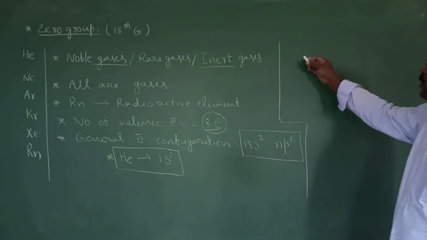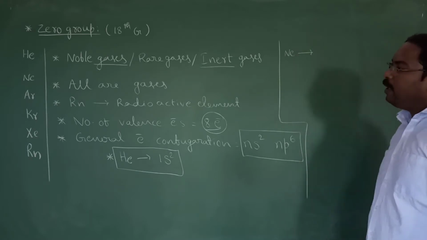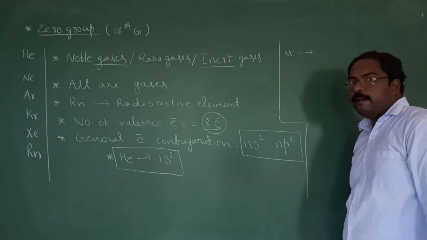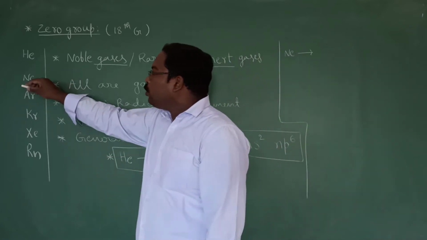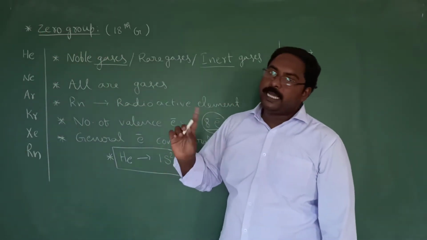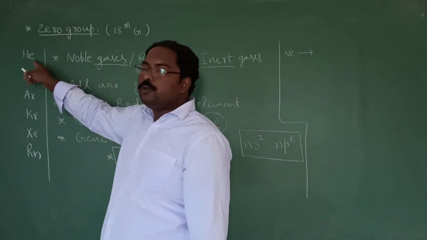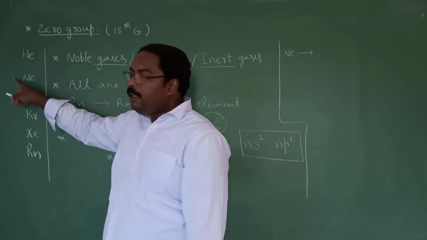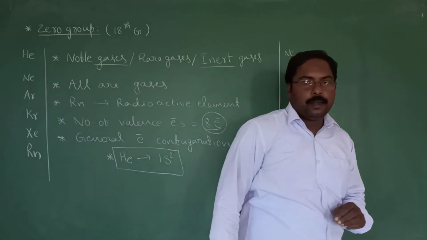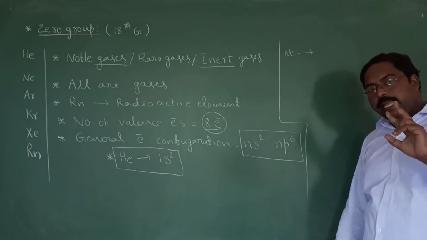For example, if I ask you to write the electronic configuration of neon, neon belongs to which period? In all the groups we have done, the first element of a group belongs to the second period. But coming to noble gases, helium belongs to the first period and neon belongs to the second period, because the first period contains only hydrogen and helium.